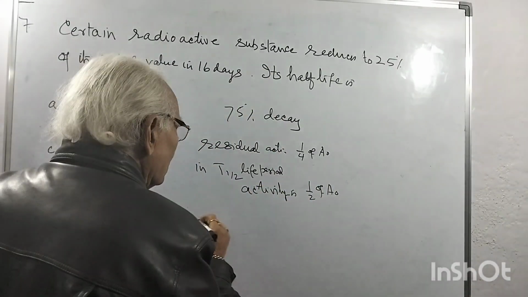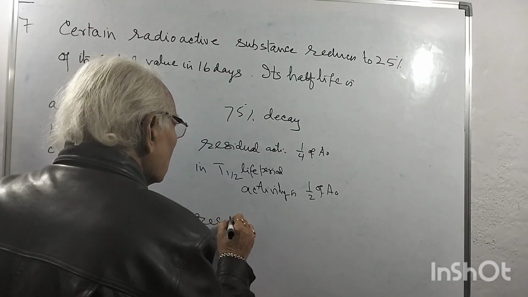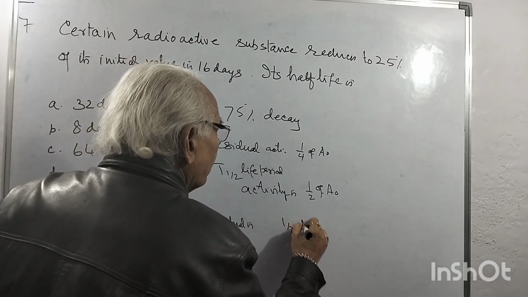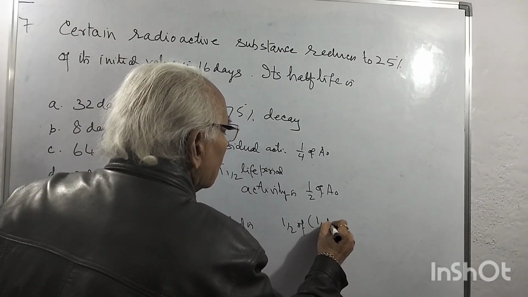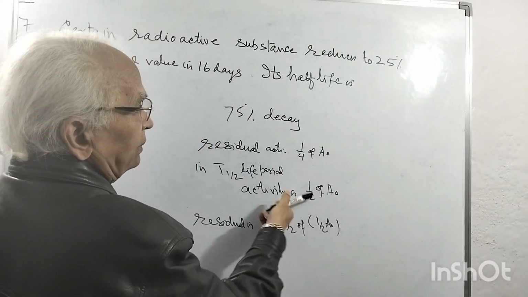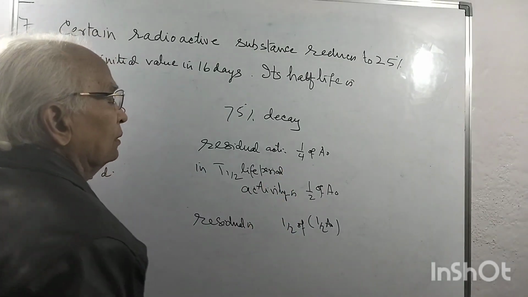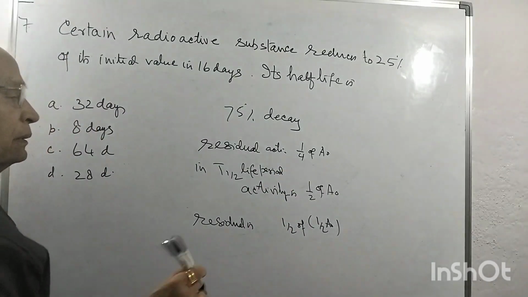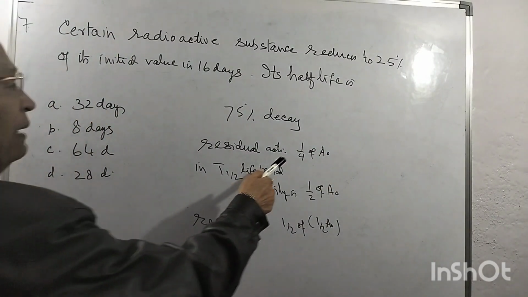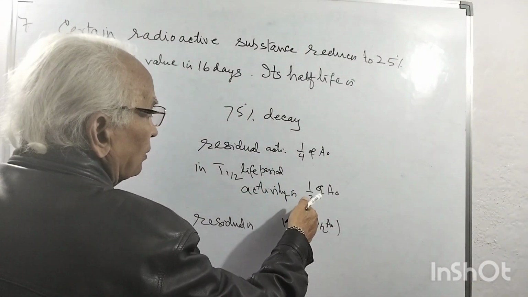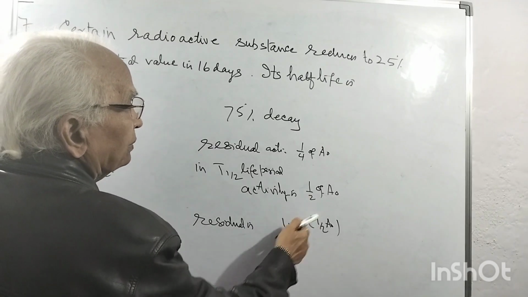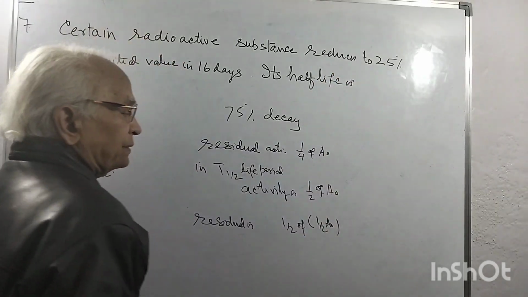So from this also, half of this becomes this. This is the half-life. They are asking the half-life. In one half-life, it becomes 1 by 2 of initial. In another half-life, it becomes 1 by 2 of this, meaning 1 by 4, 25% remaining.